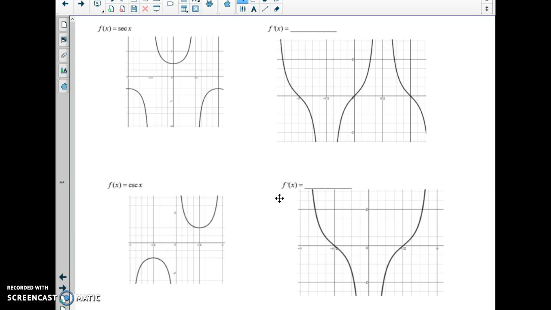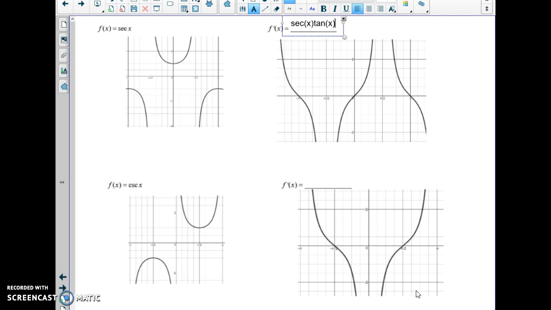Just looking at what's going on, I hope that how I explain this will make sense to you. In this little region of the graph here, you can see what is behaving a little bit like tangent. So this graph is the derivative of secant, but it has a little bit of tangent in it, which means that the derivative of secant, the match that goes with it, is secant of x times tangent of x.